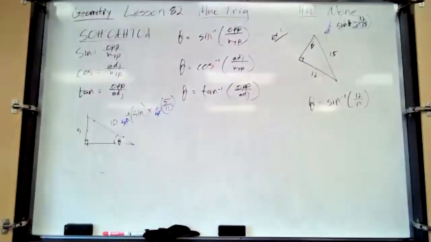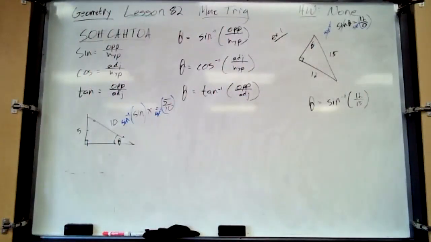Let me see you do it on your calculator. On an iPhone, you have to do it backwards. You have to do 12 divided by 15 first, then hit equals, and hit that second button. See how that turned sine into sine to the -1? Hit that, and that's your answer.